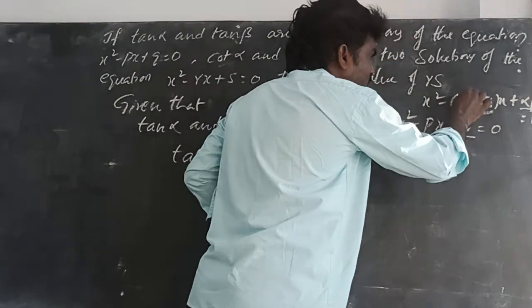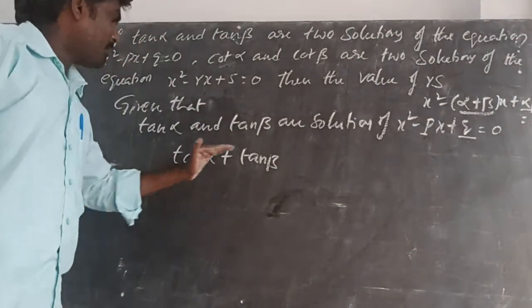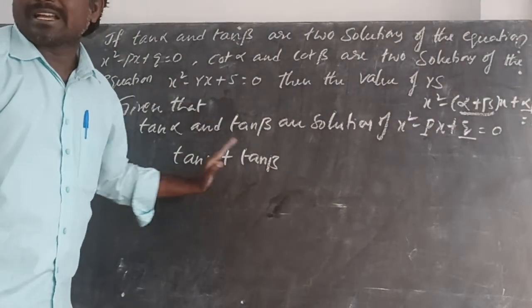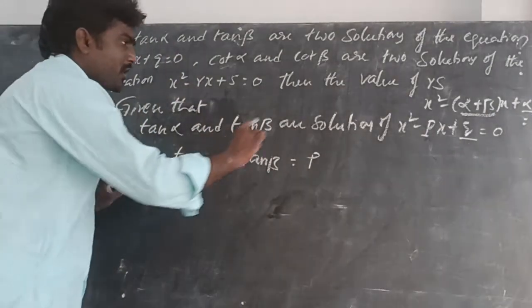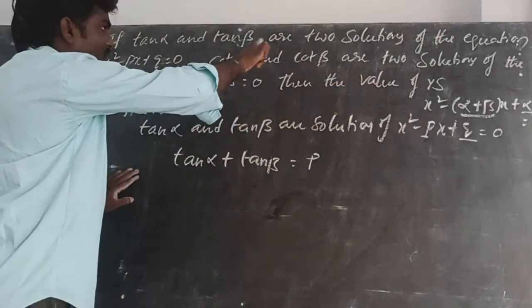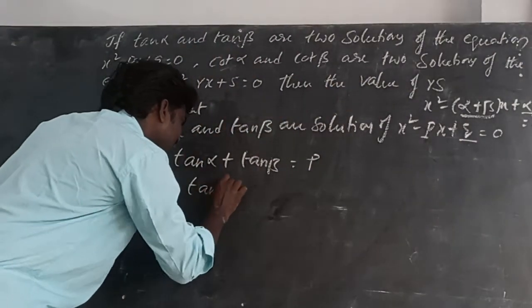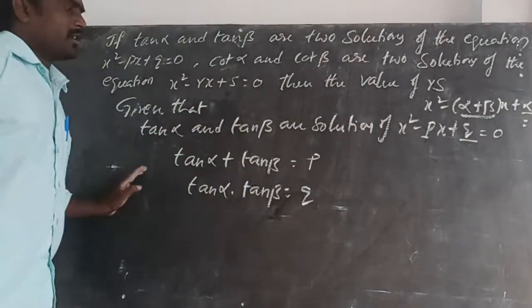Here alpha is nothing but tan alpha, and beta is nothing but tan beta.